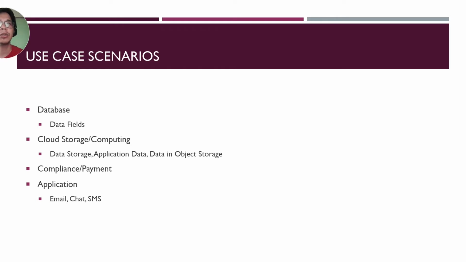But there are also things that indirectly identify a person, like the gender, the race, the date of birth, or the geographic location.